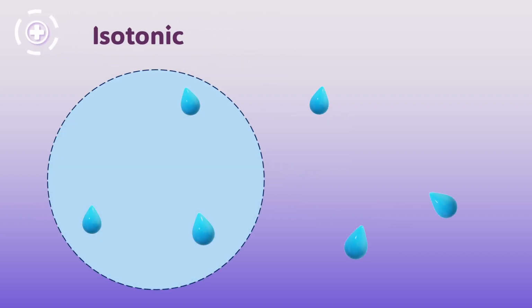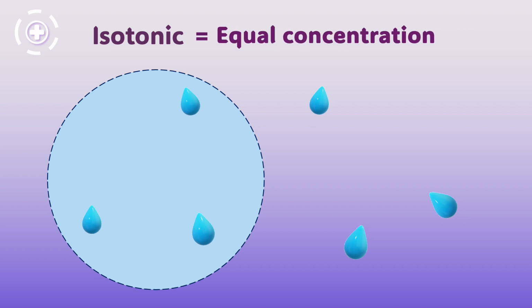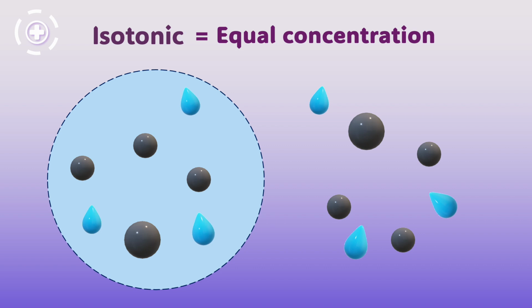Let's start with the easiest one first, isotonic. As you can see, the cell to the left of the screen and the outside of the cell have about the same amount of water molecules. Isotonic is going to be equal concentration. So there should be an equal amount of molecules and concentration both on the inside of the cell and the outside of the cell.